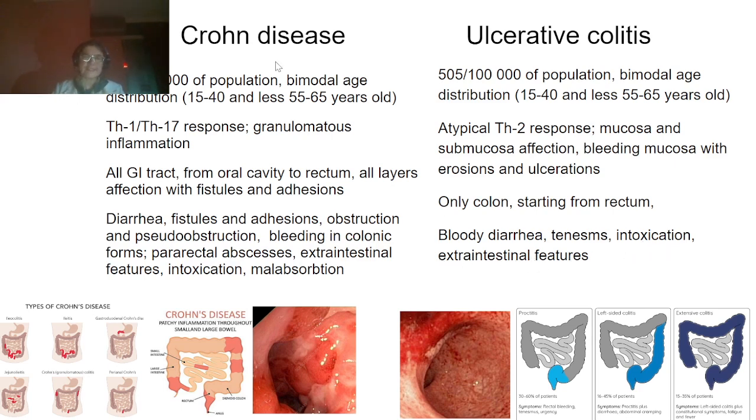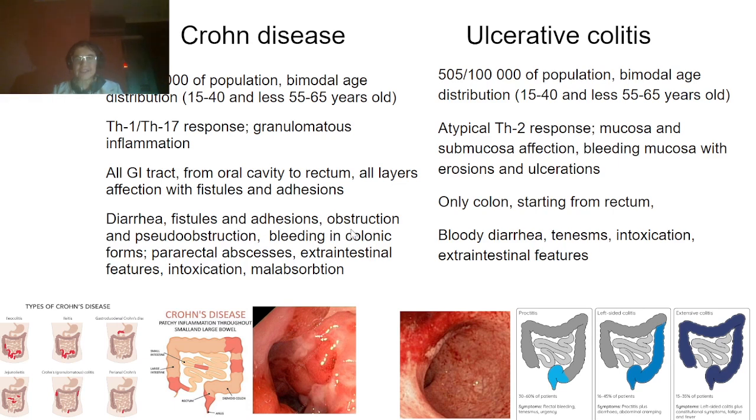For Crohn's disease, it is a T helper 1, T helper 17 response with granulomatous inflammation, as here you can see the granulomas. It affects all the GI tract from oral cavity to rectum, all layers, with fistulas and adhesions. It includes diarrhea. Bleeding is not common and is mostly in colonic forms.